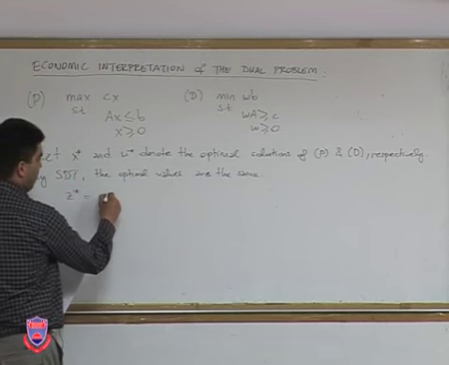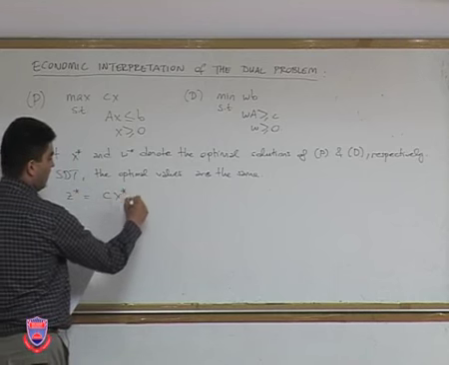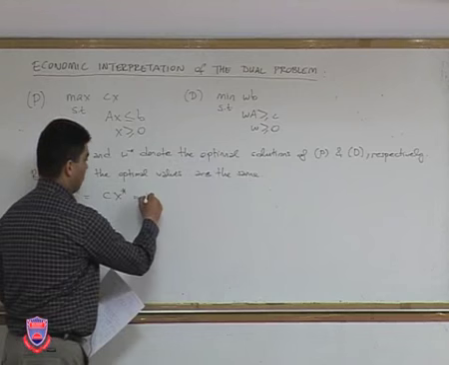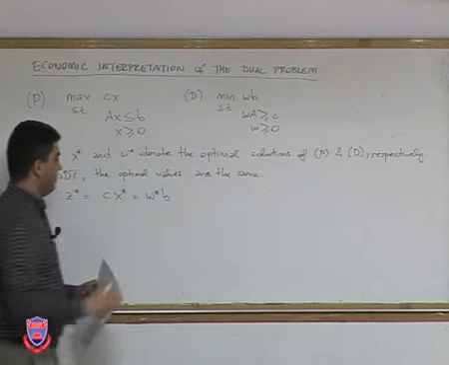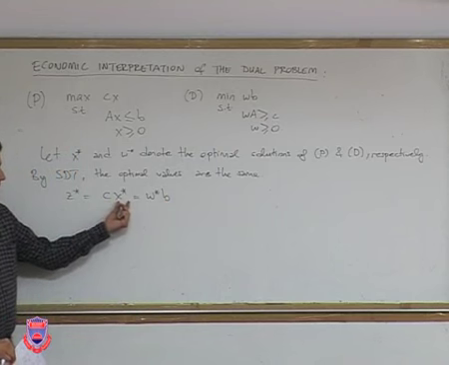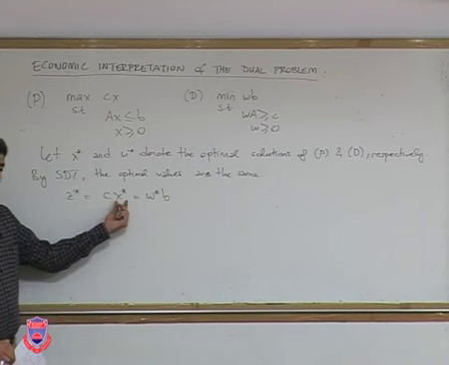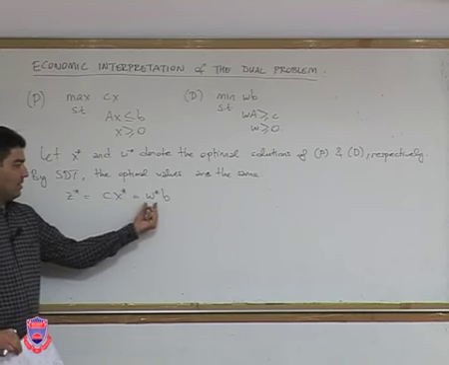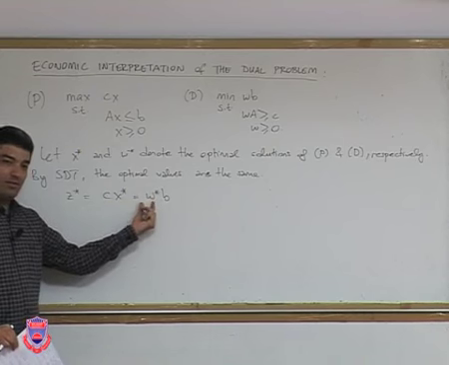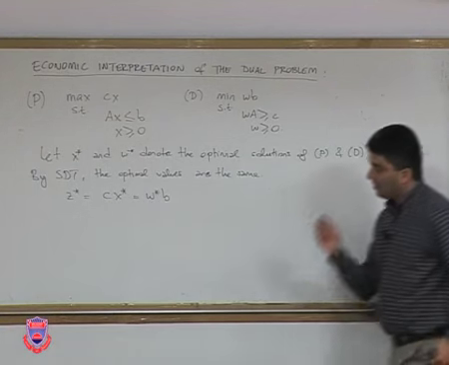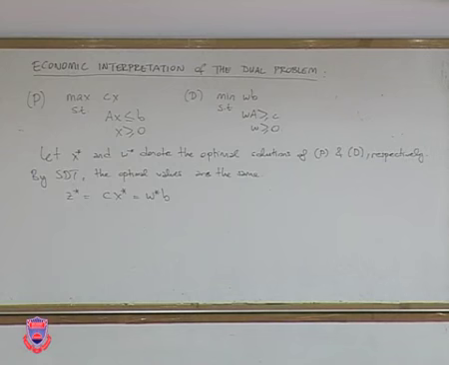I can either compute it using the primal problem, which is given by C times X star, or I can compute it using the dual problem, which is given by W star times B. And note that if X is a basic feasible solution, then X star will be given by B inverse times b. So we're going to have C_B times B inverse b. And on the right-hand side, since W star is equal to C_B B inverse, again we have C_B B inverse b. So it's not a coincidence that these two values are the same.